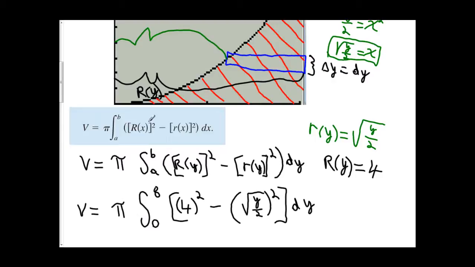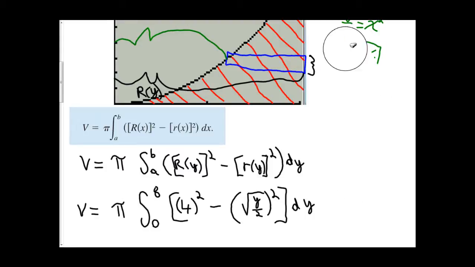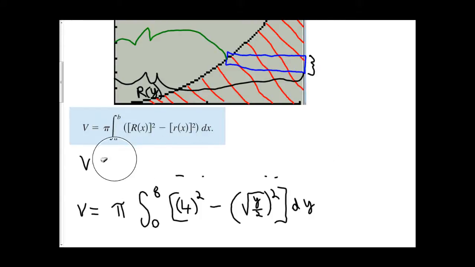Well, let's do some calculation over here so we know what all these things are. We have our integral set up. Let's see if we can simplify it a little bit.